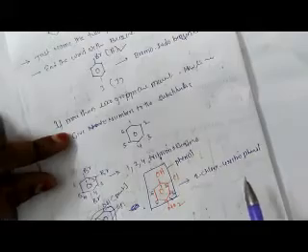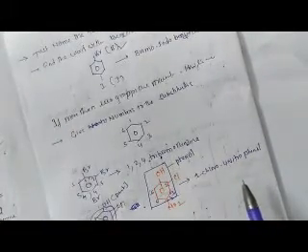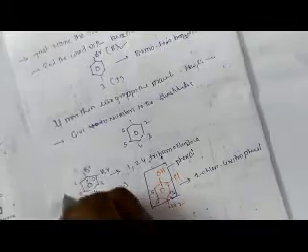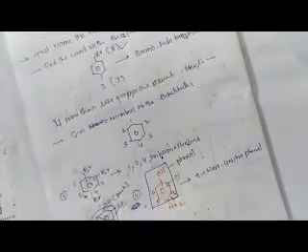The phenol has substituents at the second position and fourth position. At the second position it is substituted with chlorine, at the fourth position with the nitro group. So it is called 2-chloro-4-nitrophenol. Okay, so this is the second example.